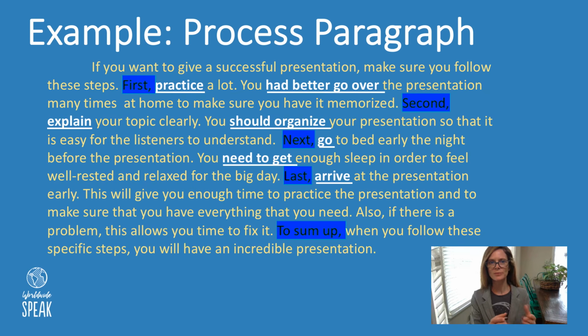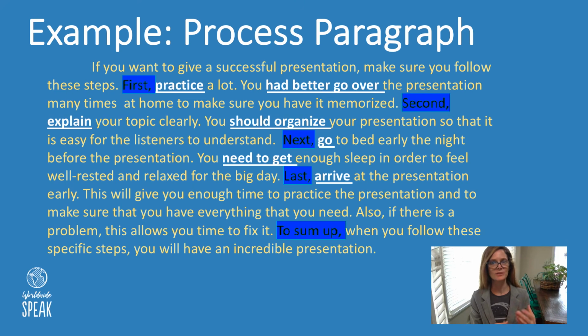So, as I said before, you have your transition word for the steps, like first, and then I underlined the word practice. That's an imperative. And then in the detail sentence, I underlined had better go over, and that's giving people advice about what they need to do or they should do, they had better do.